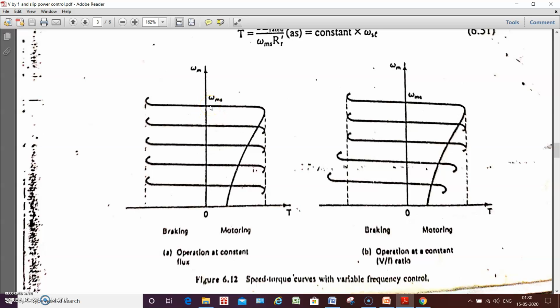But in this particular method, since we are keeping the parameter A constant, the slip speed, which is the difference in speed between synchronous speed and actual speed of the motor, or the drop in speed from no load to full load, is going to be kept constant. Since the slip speed is constant, the speed torque characteristic curves now become parallel lines. At any frequency of operation, this is going to be a parallel line.